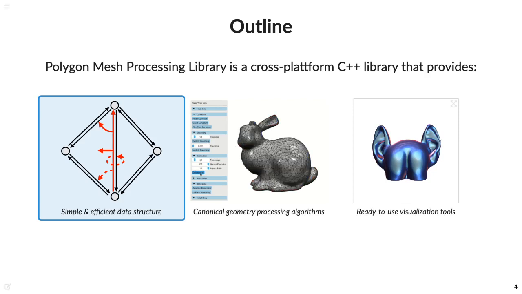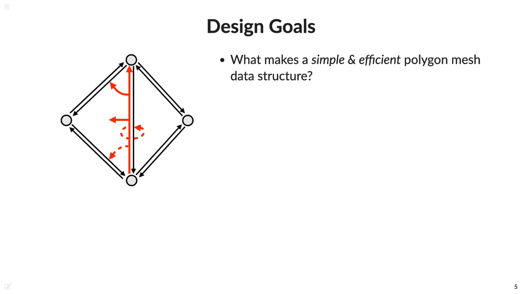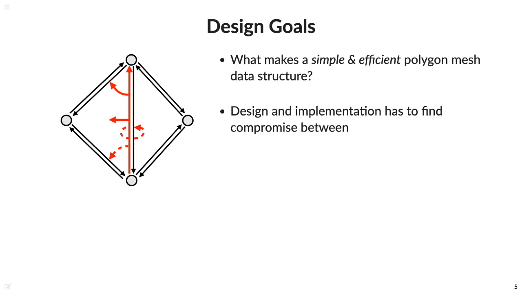Let us first talk about the data structure itself. So about 10 years ago, we asked ourselves, what makes a simple and efficient polygon mesh data structure? And this is basically a compromise in both design and implementation between computational efficiency, memory consumption, wide applicability, and finally ease of use.